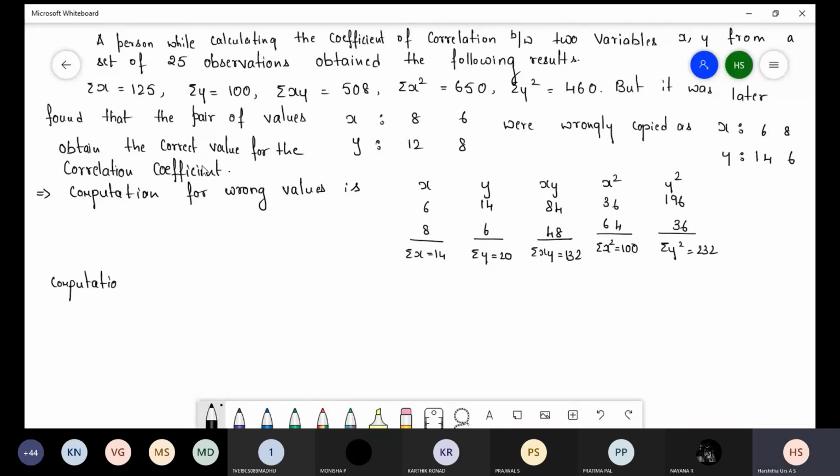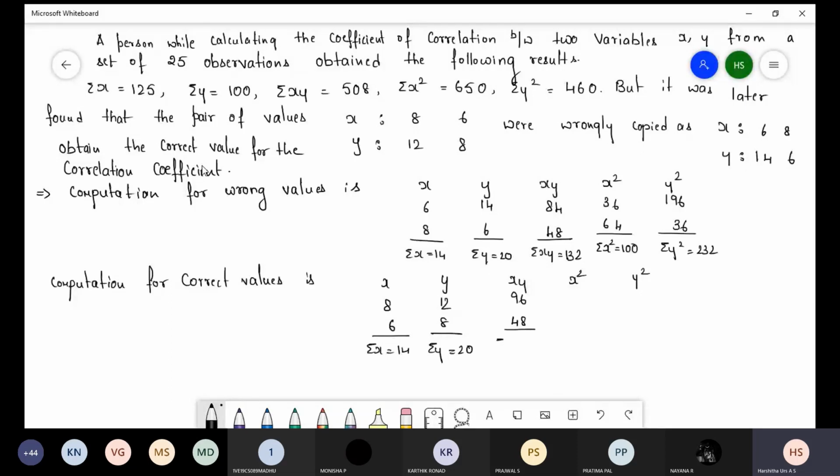Same thing, we have to write for the correct values. Computation for correct values is, column terms will be same, x, y, x y, x square, y square. So correct values they have given here 8, 6. When we add, we get 14. y is 12, 8. Sum of y is 20. 8 12s are 96, 48.